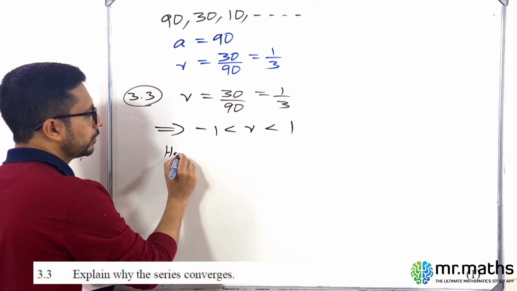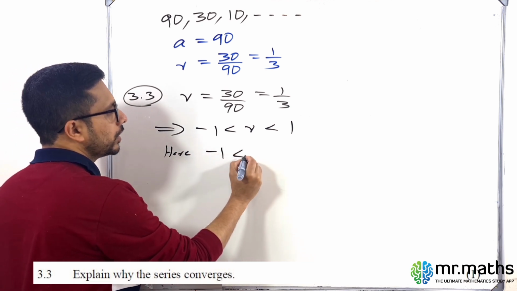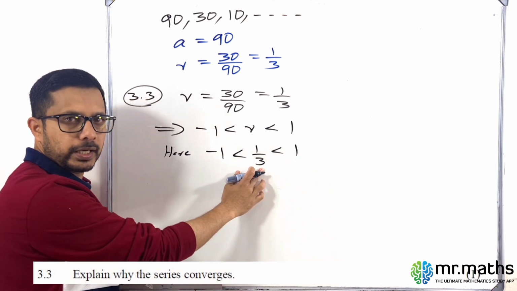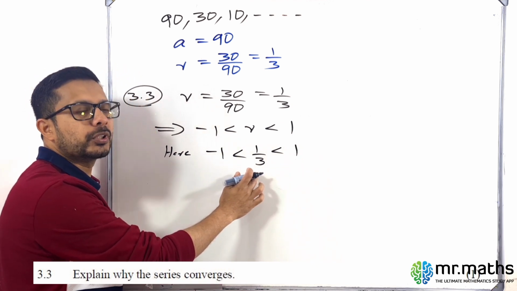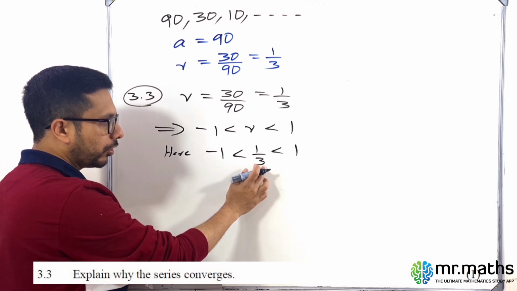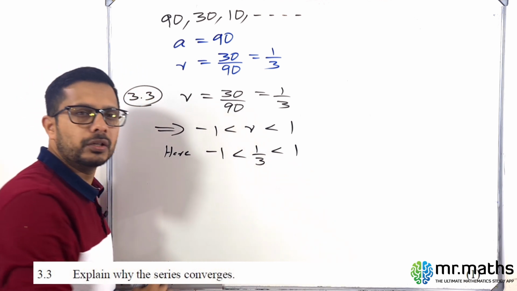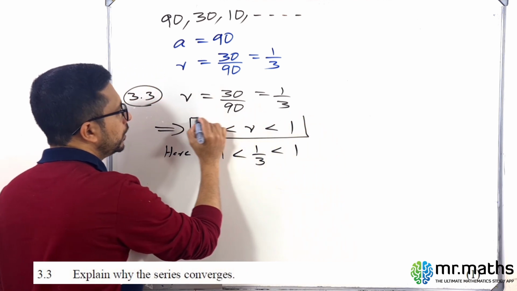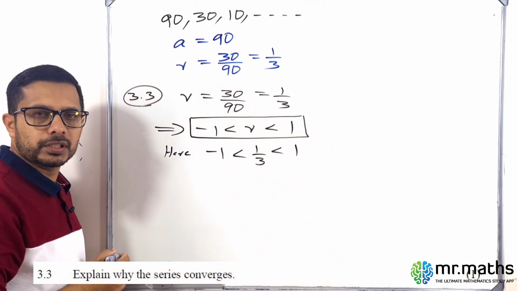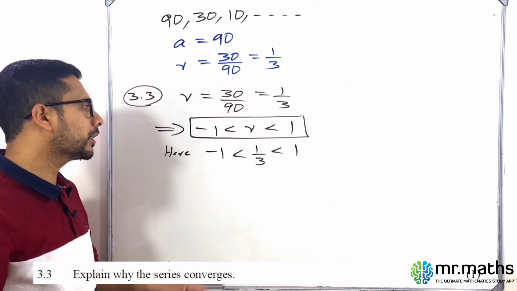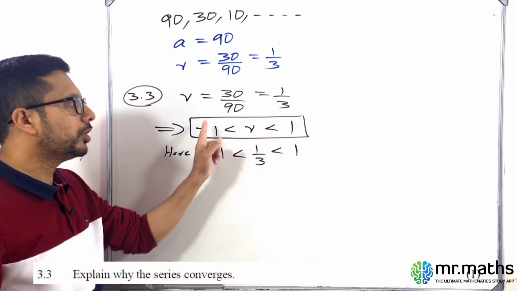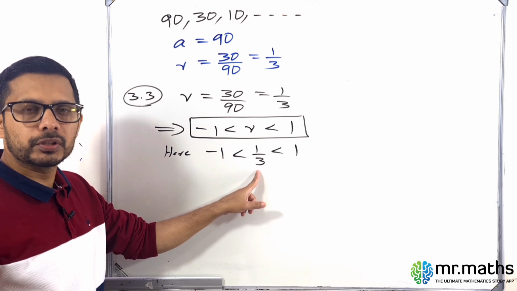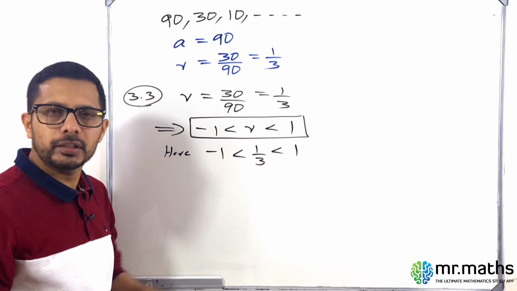Here -1 is less than 1 over 3, which is less than 1. This 1 over 3 is the common ratio, and it is between minus 1 and 1. So this is the condition for convergence. A geometric series converges when the common ratio is between minus 1 and 1. Here the common ratio is 1 over 3, and definitely that is between minus 1 and 1.